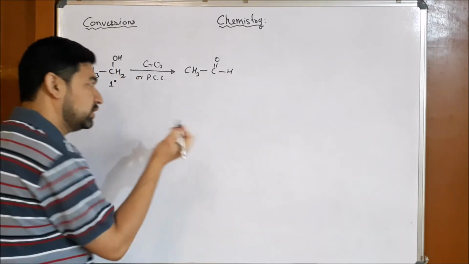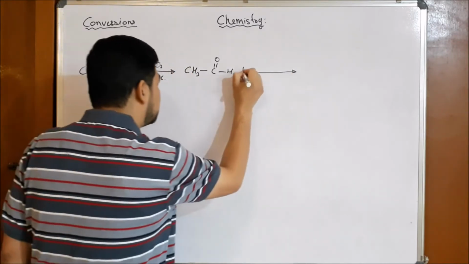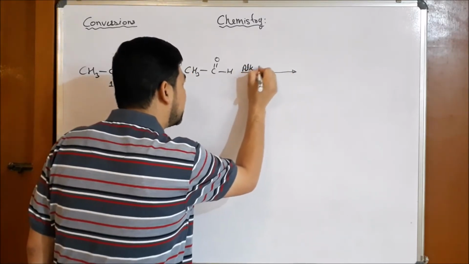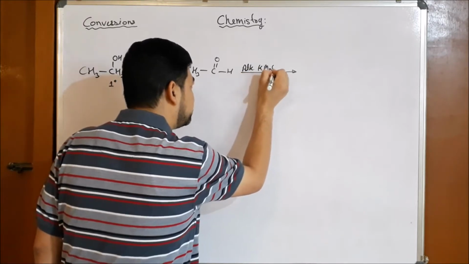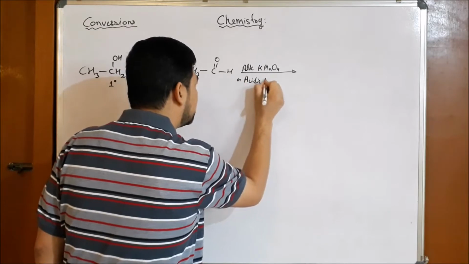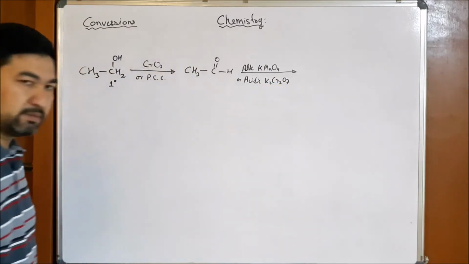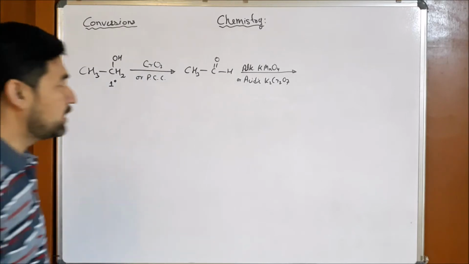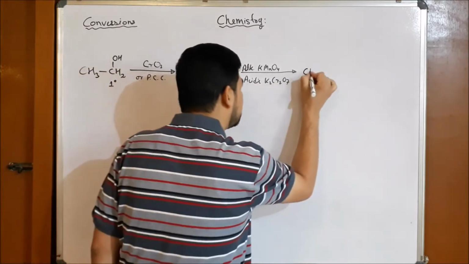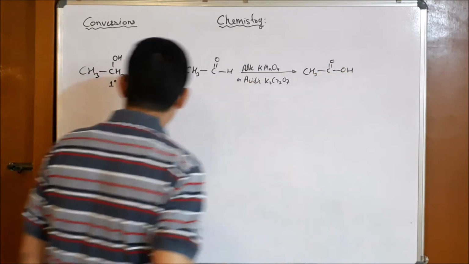Then if we go for the further oxidation, we'll have two options. You can use an alkaline KMnO4 or acidic K2Cr2O7. Alright, so these are strong oxidizing agents. If you use that, it will end up with our carboxylic acid.